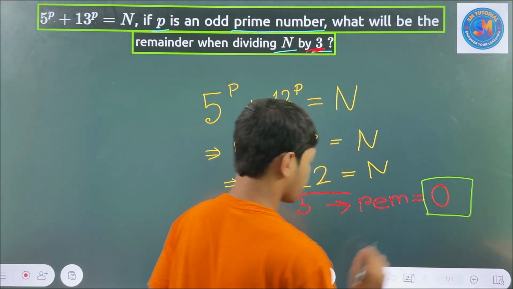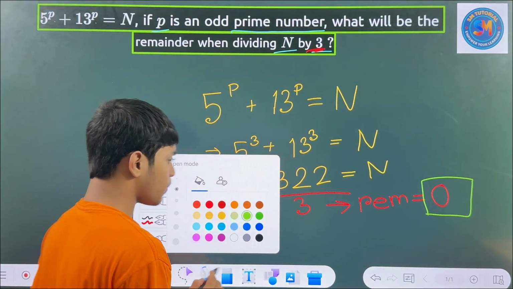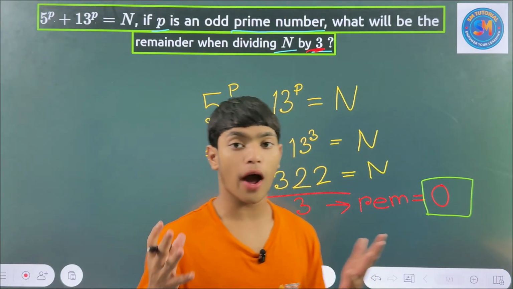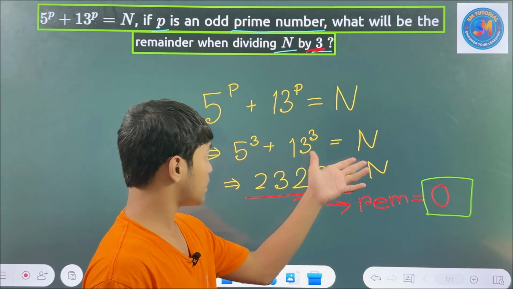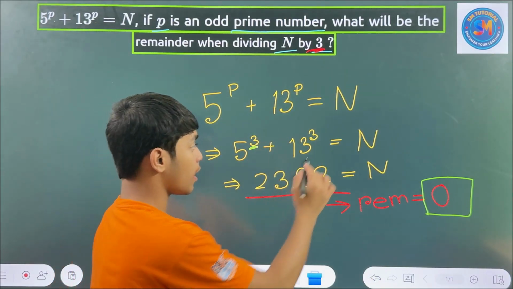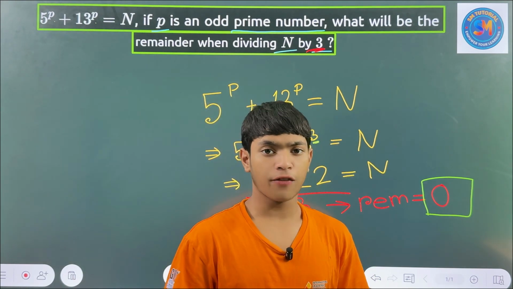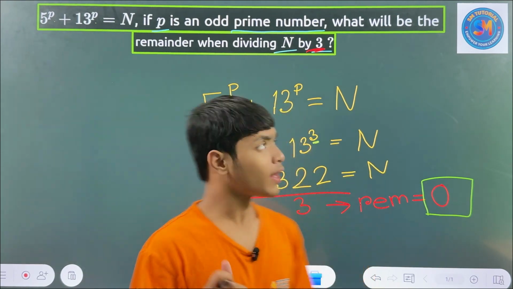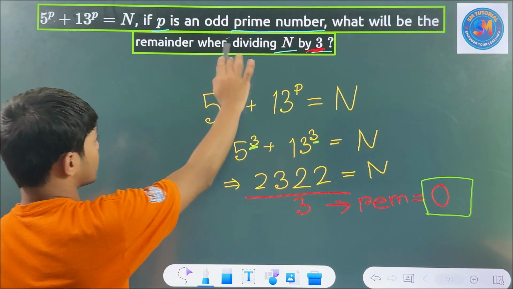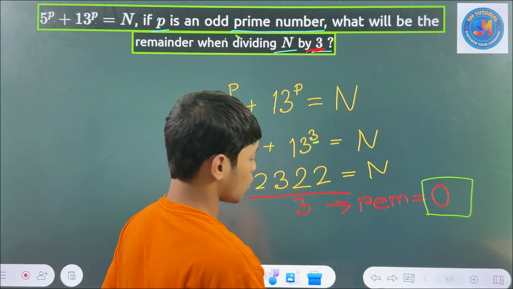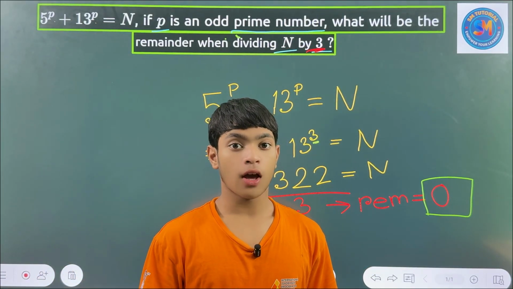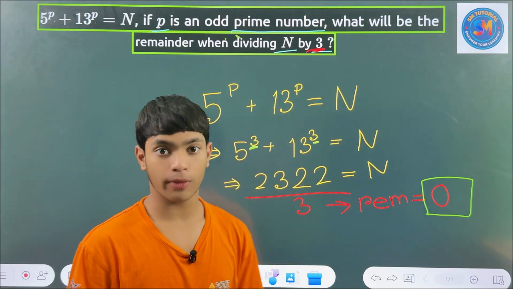Okay, so you might be asking now, how did I understand that it is 3? If I take another odd number, you can say that p is an odd prime number, so I'm not sure which prime number it actually can be.